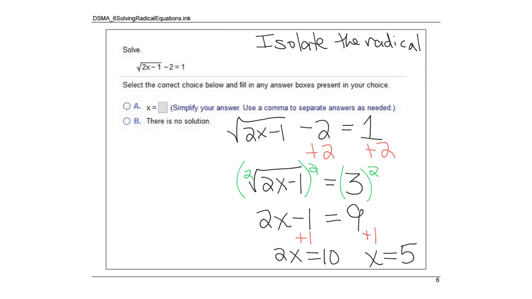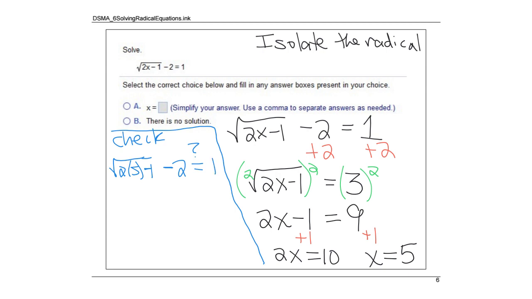All right, let's come over here and check our work. So again, when we check our work, we have to go back to the very original problem. So we have the square root of 2 times 5 minus 1. And then outside of the radical, we have minus 2. And we want to know if that's equal to 1.